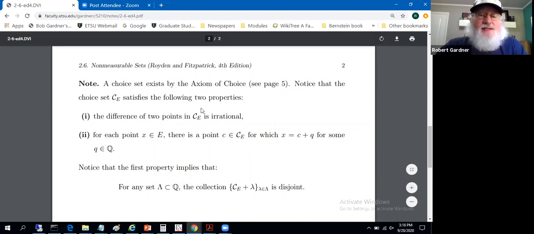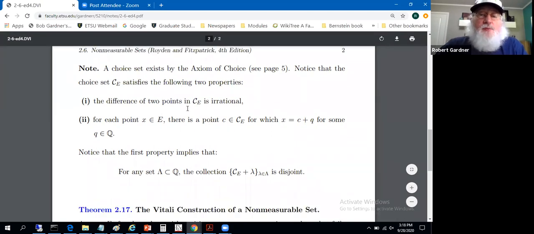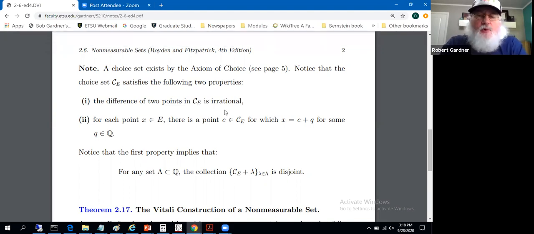The choice set C sub E satisfies the following properties. The difference of two points in C sub E is always irrational. If two points in C sub E had a difference which was rational, they would be rationally equivalent, so they'd be in the same equivalence class, and C sub E consists of a single representative of each equivalence class. So that's the reason this holds.